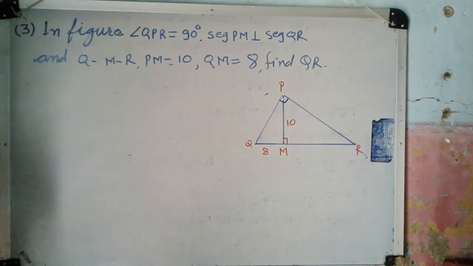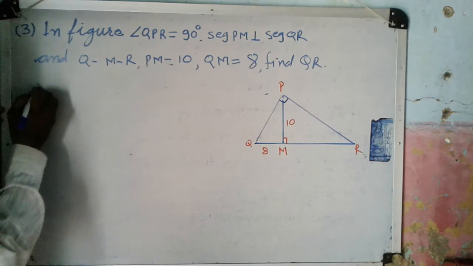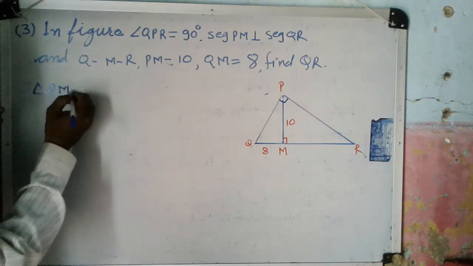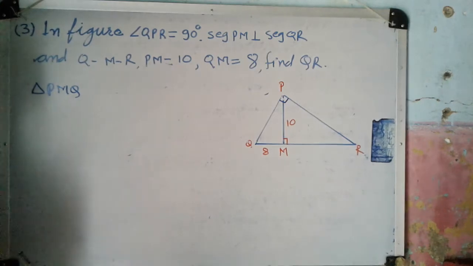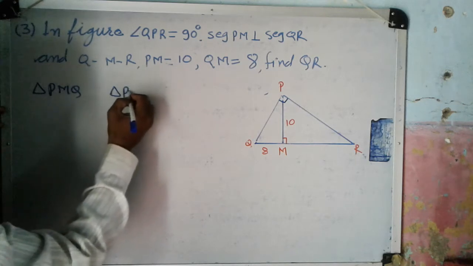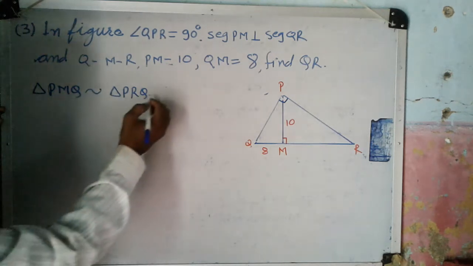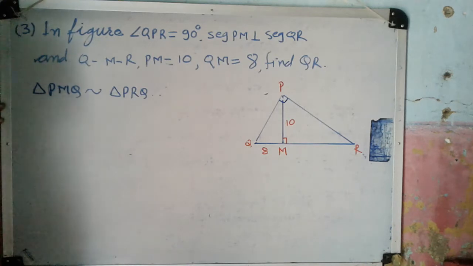Now here consider triangle PMQ and triangle PRQ. These two triangles are similar because of similarity of right angle triangles.